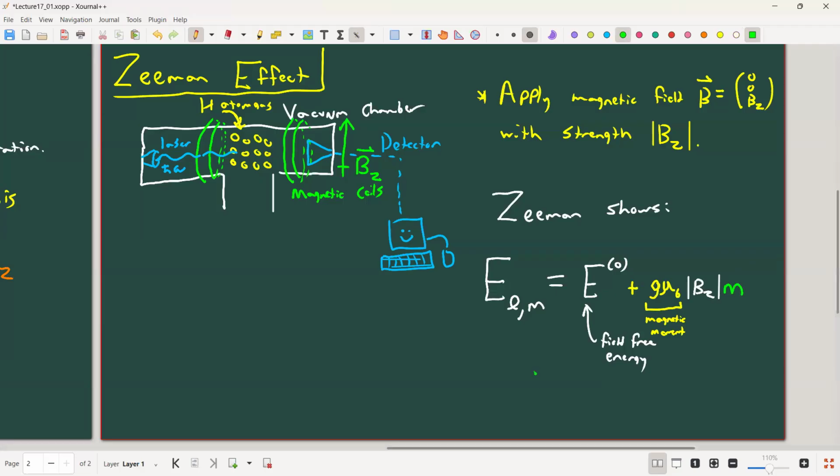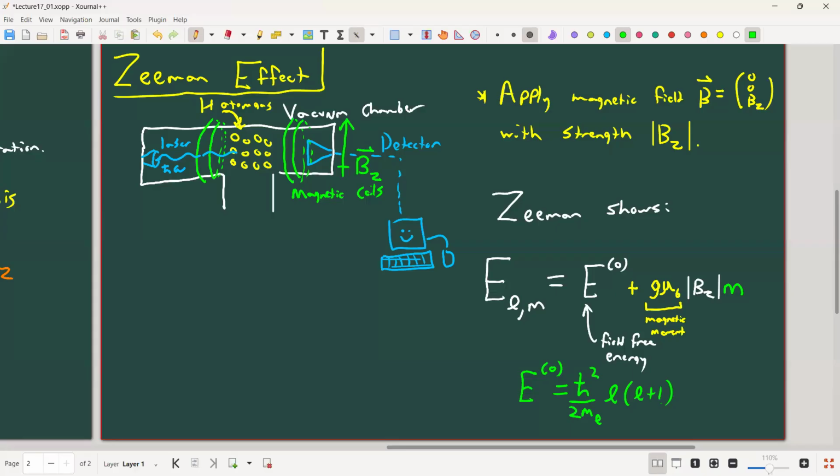Okay, and E naught, which is the energy of the state without any magnetic field, is h bar squared over 2 m_e, sorry, it's the electron, times L(L plus 1).